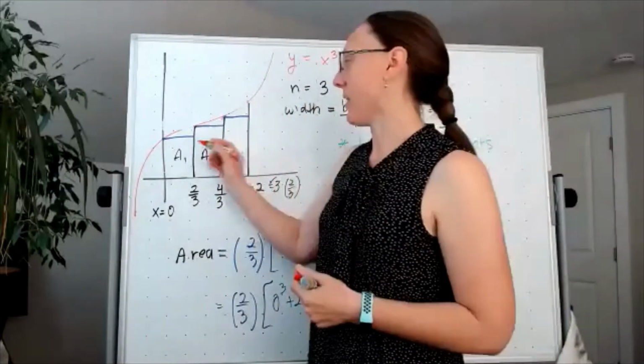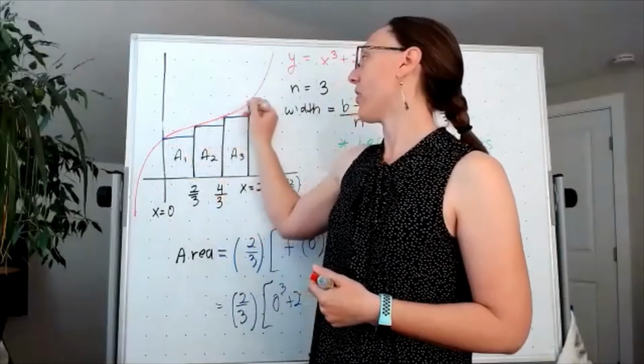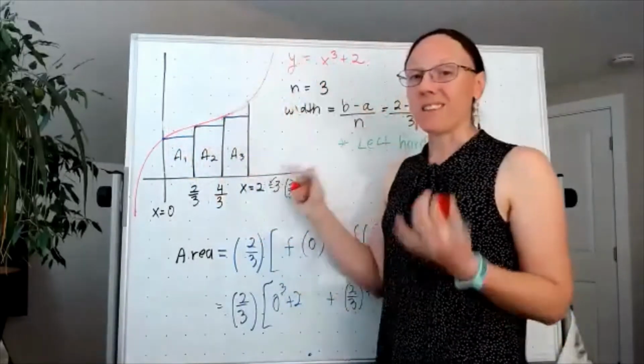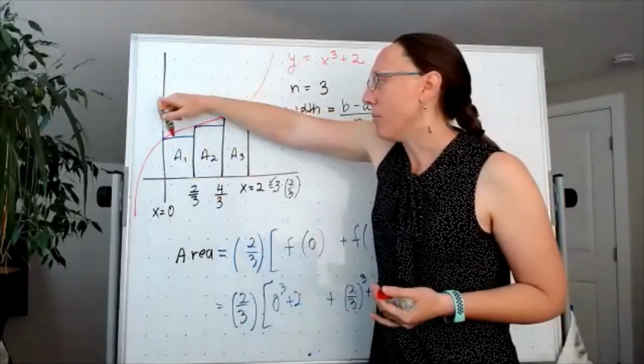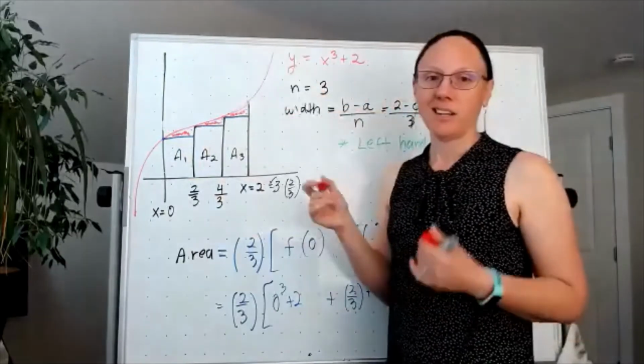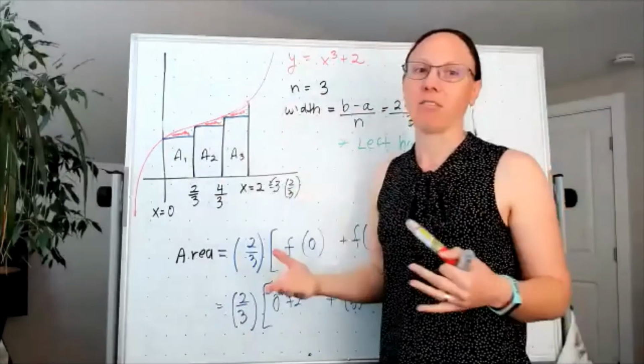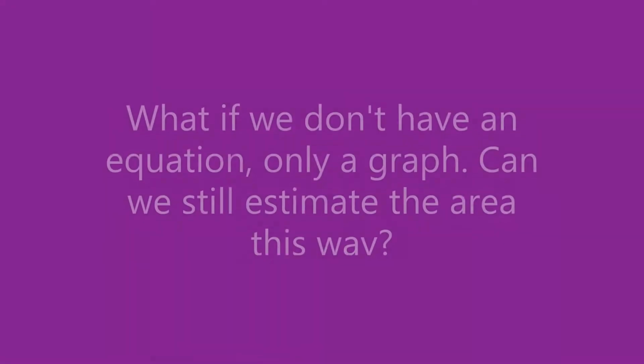Numbers-wise, it's going to be an underestimate because if I found the true area under the curve using these left-hand endpoints, I'd be missing this part and this part and this part. So using the left-hand endpoints for this graph gave us an underestimate.